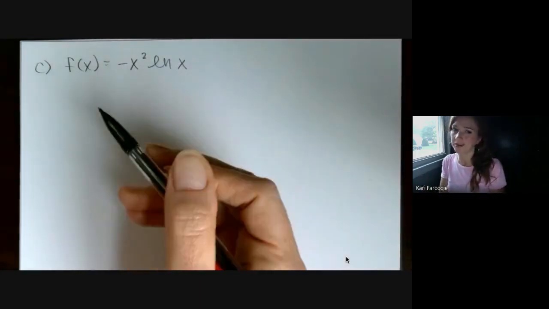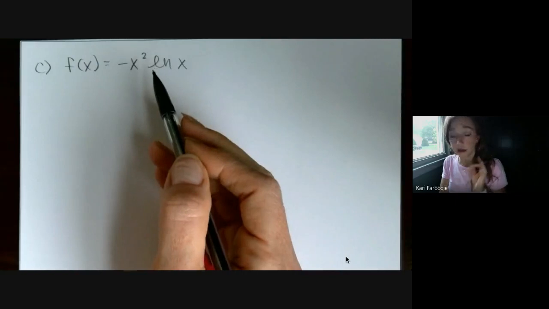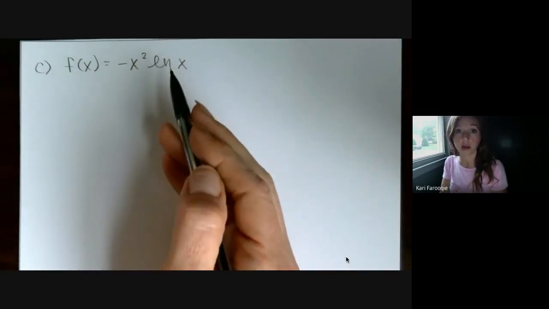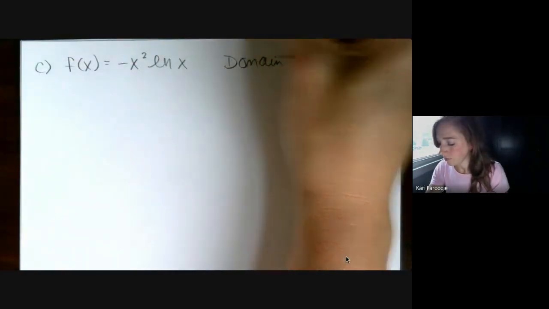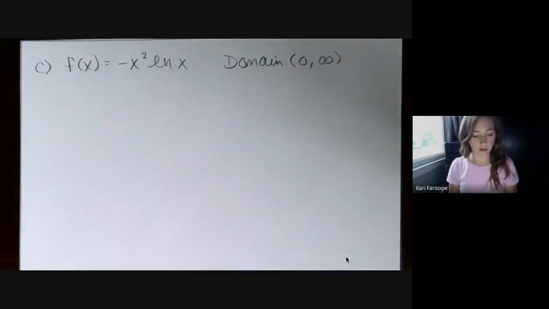X squared is a polynomial. Its domain's all real numbers. But the natural log of x is only defined for positive numbers, not including 0. So any values of x that are inside this natural log have to be positive. So we're going to look at a domain from 0 to infinity, not including 0.